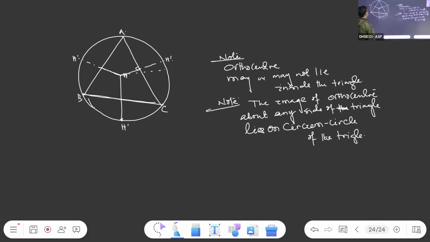So the image of orthocenter on any side of the triangle lies on the circumcircle of the triangle. Quickly note it down.